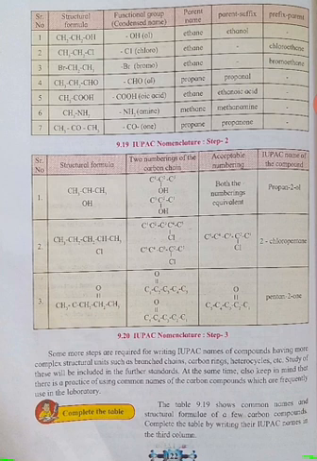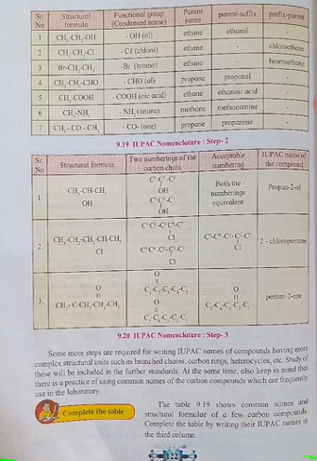The parent name is ethane and with the prefix the name will be chloroethane. In the third example, the structural formula is BrCH2CH3. Here the functional group is Br, it is bromo, and the parent name is ethane, and with the prefix it will be bromoethane.